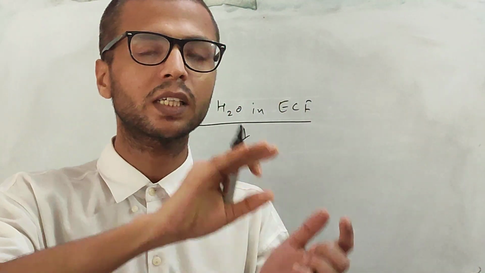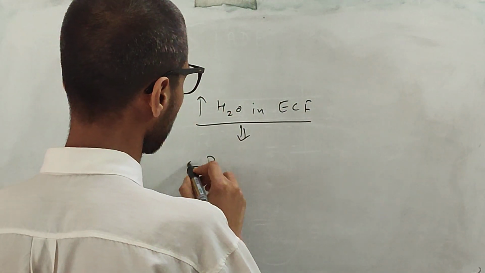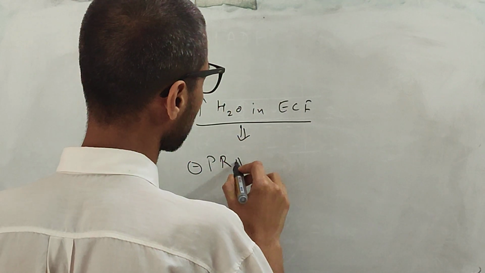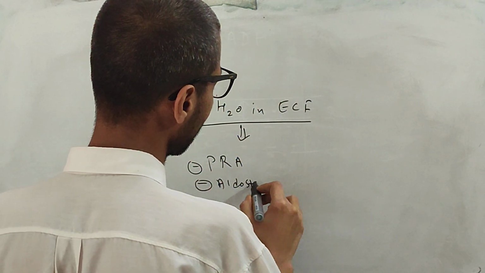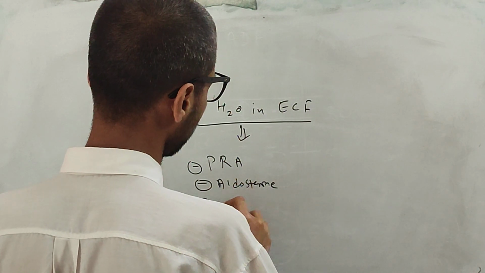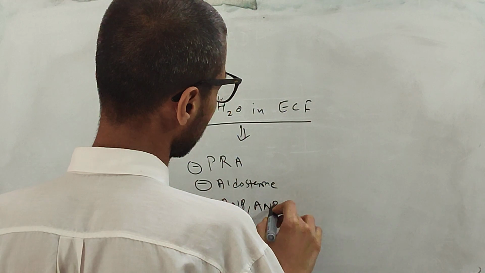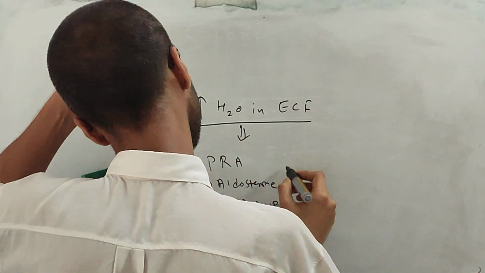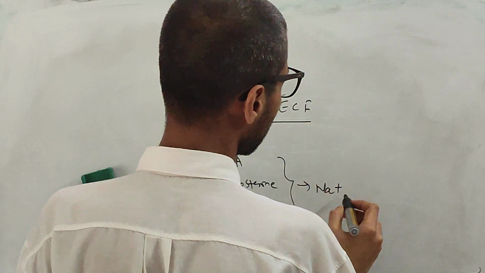So it suppresses the plasma renin activity and aldosterone, and secretes natriuretic peptides like BNP and ANP. This leads to increased sodium excretion in the urine.